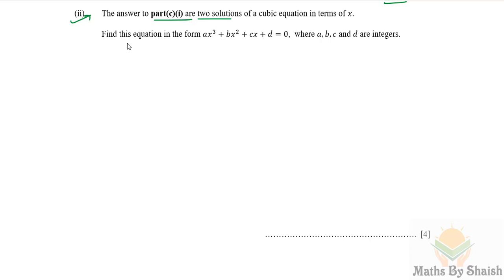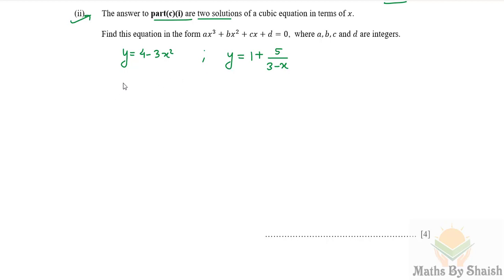Intersection of the two curves gives the solution, meaning these two values of x will satisfy both curves. And if we equate the curves, the original curve was y equals 4 minus 3x squared, and the next curve was y equals 1 plus 5 over 3 minus x. So if this intersection is giving the values, we have to find the equation from here, and that can be done by equating them.